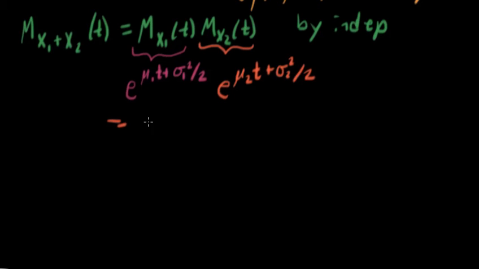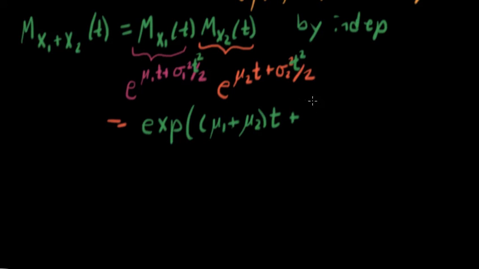So all of that is equal to e to the mu1 plus mu2 times t, plus, oh, both of these, I forgot a t squared there in the numerator.